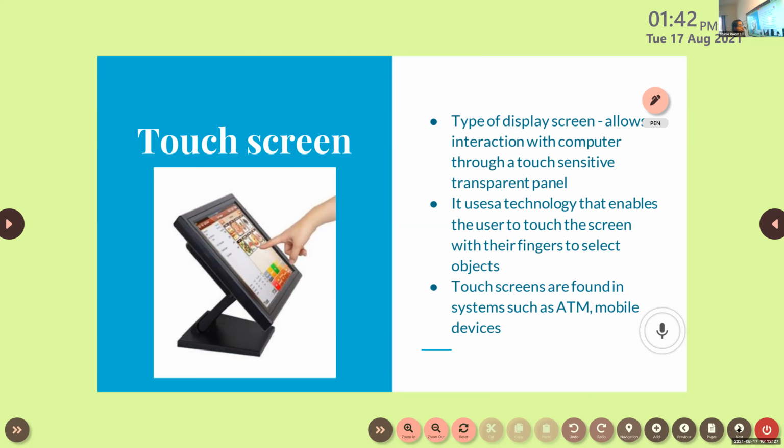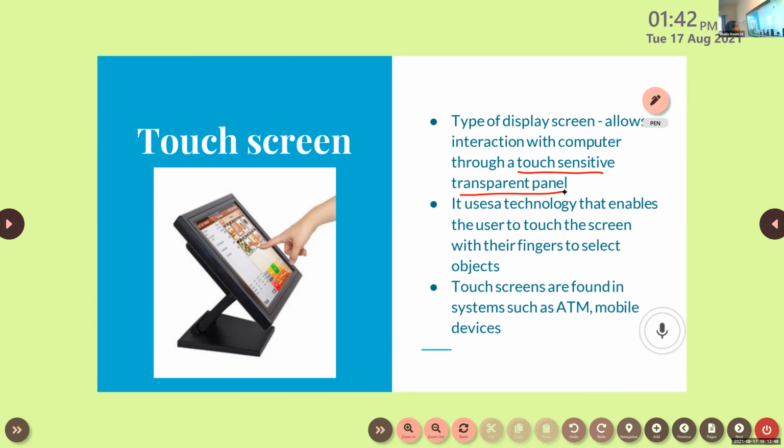So what is this? It helps us to interact with the computer through a touch sensitive transparent panel, isn't it? Within one touch, we can access whatever we want. This touch screen allows us to interact not only with a computer but also with a smartphone through a touch sensitive transparent panel.